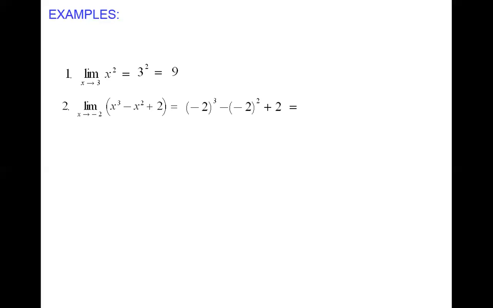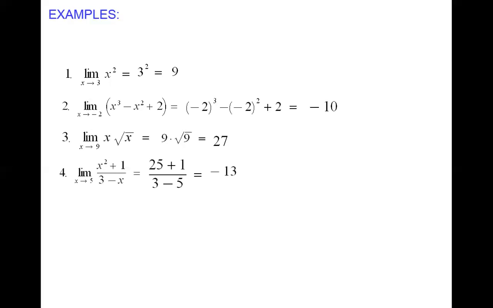I can simply substitute, and I hope we can do the arithmetic. Negative 10. Next, x root x, substituting 9. The function is defined at 9, no problem. A rational function, x squared plus 1 all over 3 minus x, I can substitute 5, no problem, and get my answer. We can simply directly substitute.